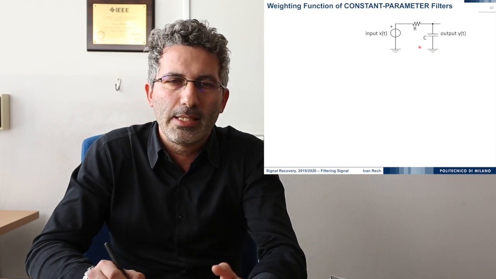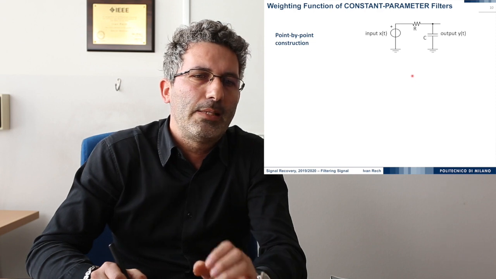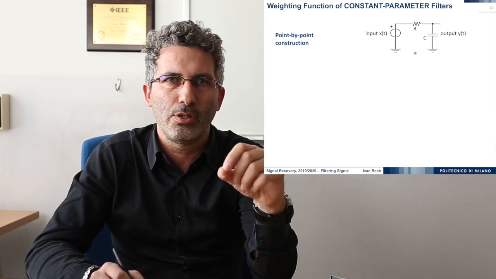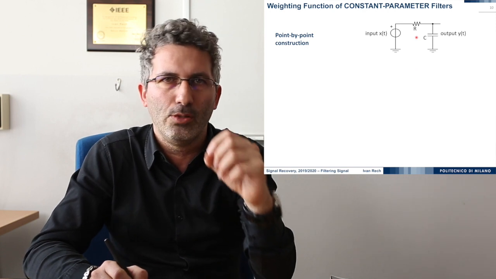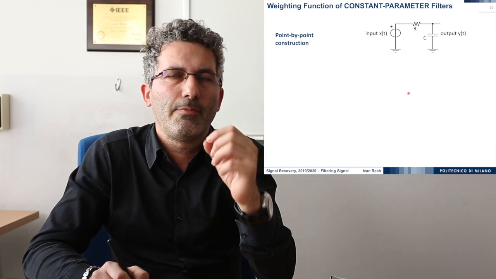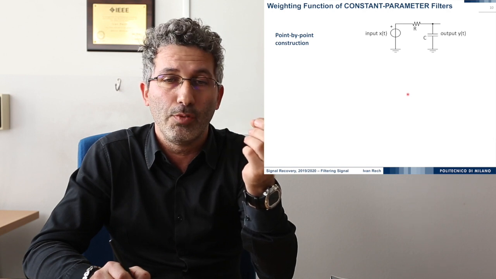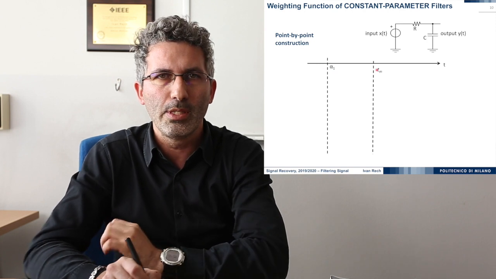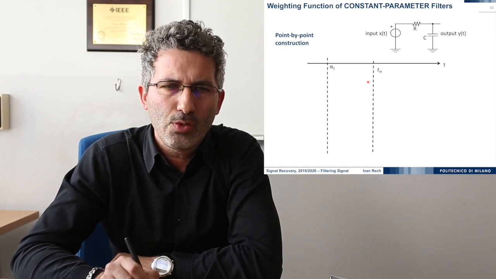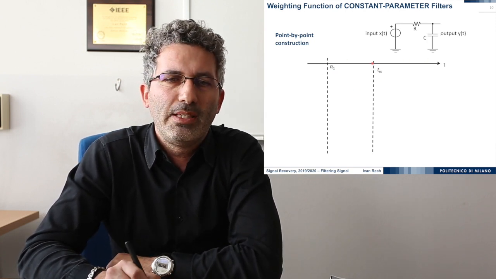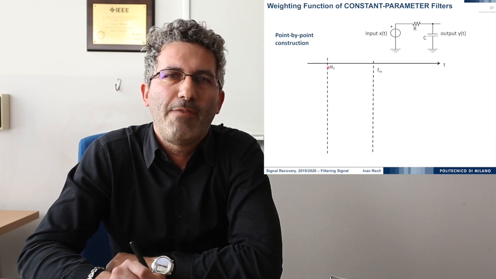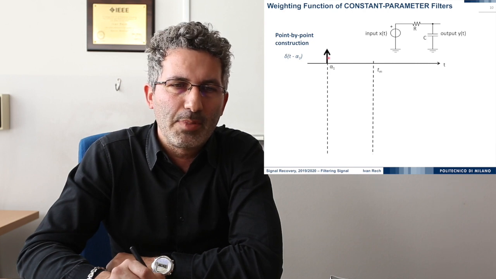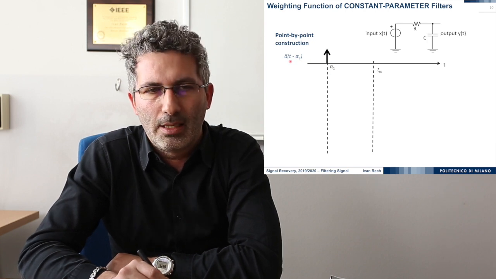What I can say is that I can create my weighting function point by point. Let's try to understand how I can do that. It's quite a graphical point of view. This is the t-axis, which is the rule to create the weighting function. Here you have t and tm, and at time alpha 1 you take a delta, so t minus alpha 1.